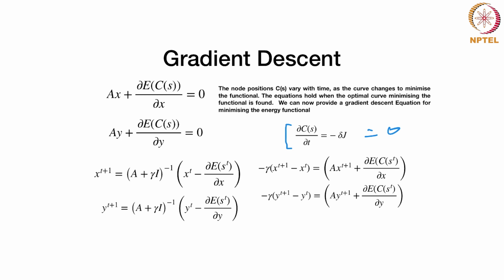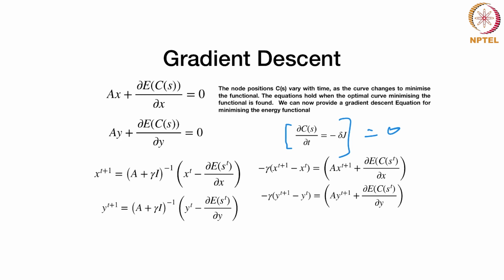So if you want to evolve the curve over time, we can do this so-called gradient descent. Till we find the optimal position, we have to evolve the curve. And how do we evolve the curve? We evolve the curve in the direction opposite to increasing gradient, which is what the minus delta J tells you. That's how you propagate the curve. So delta C over delta T equals minus delta J is just the gradient descent equation.